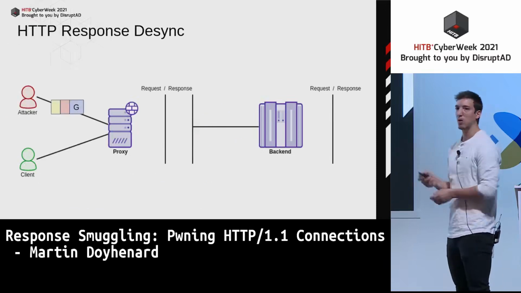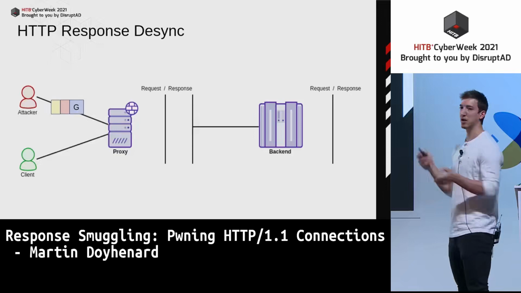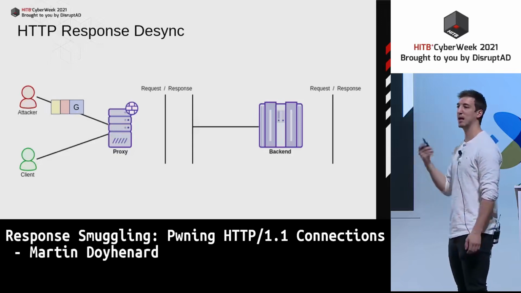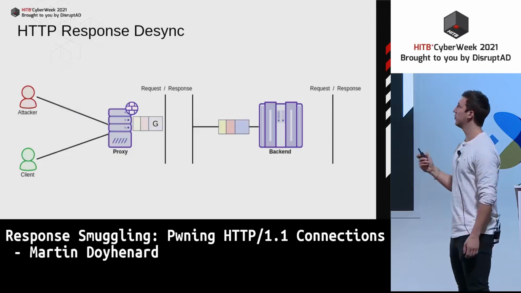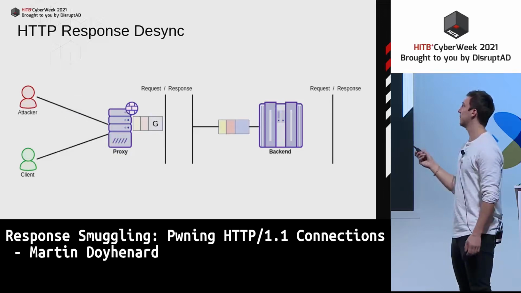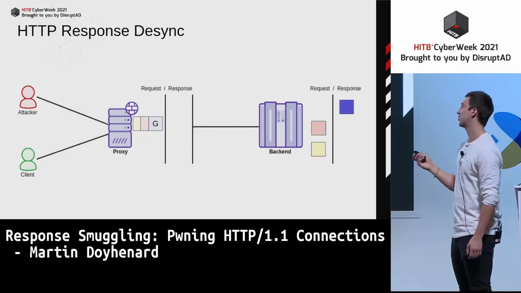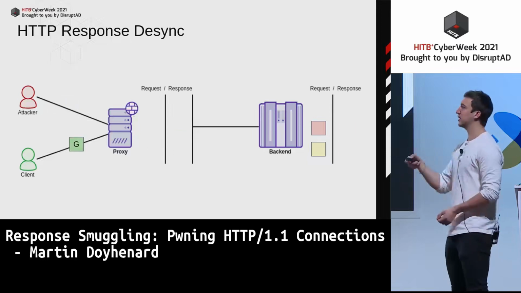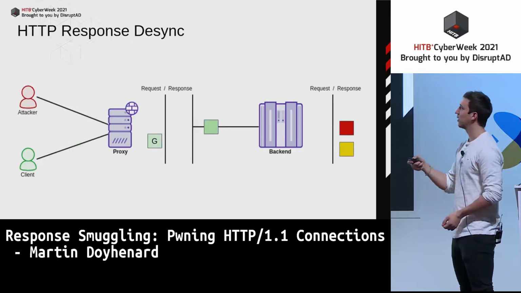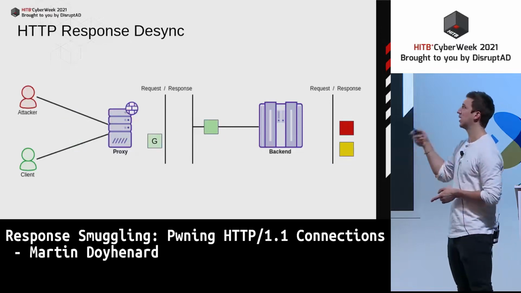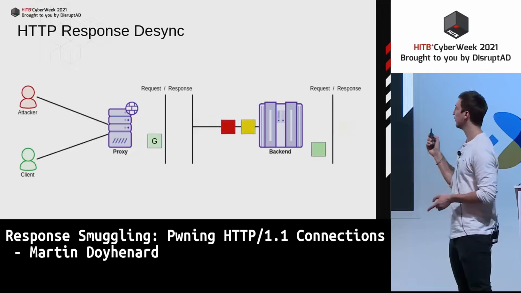We have an attacker who sends his GET request containing his two smuggled requests. The red one, remember, is a HEAD. This will be sent to the backend. The backend will then create three responses. The first one will go back to the attacker. There's no problem here. Now, when the client sends his GET request, the proxy will forward this and think that there is a GET request in the request and response queue.